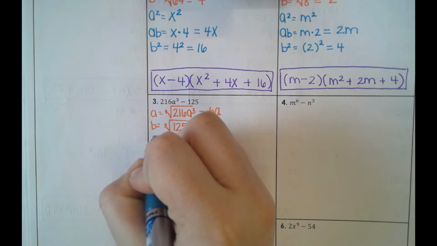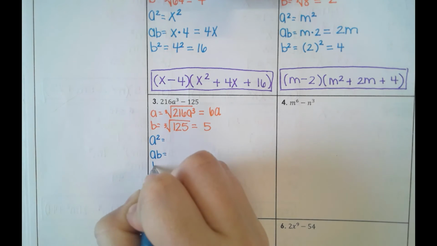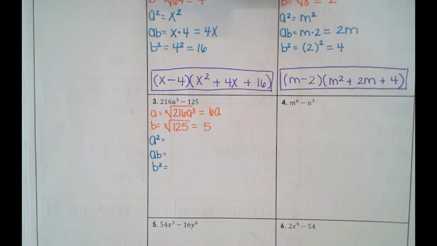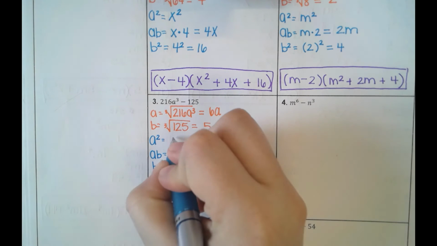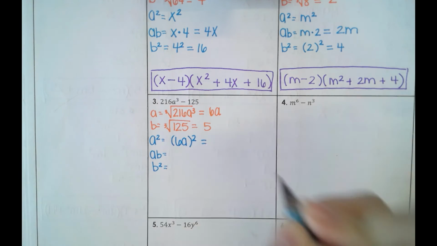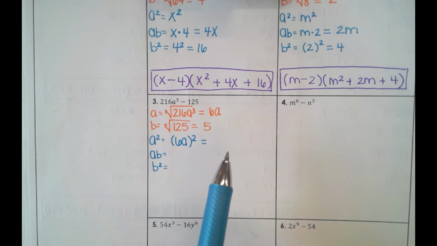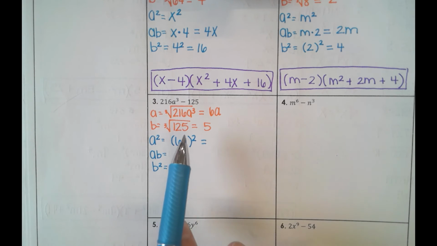Then we find our other 3 parts. So first one is asking for a squared. So that would be 6a squared. When you're squaring something with both numbers and letters, you have to square them separately.